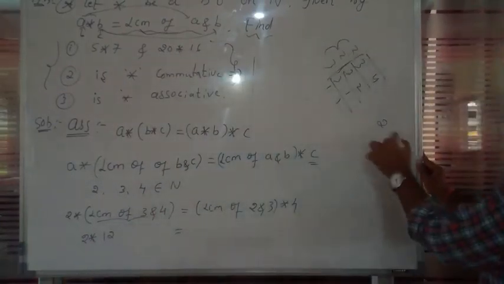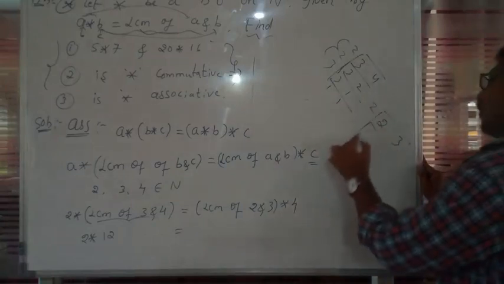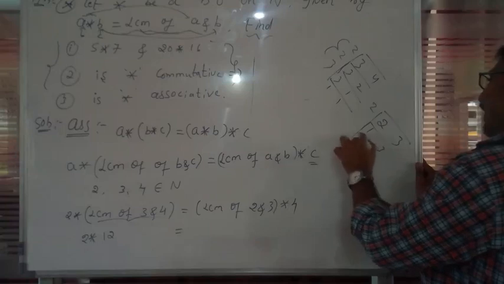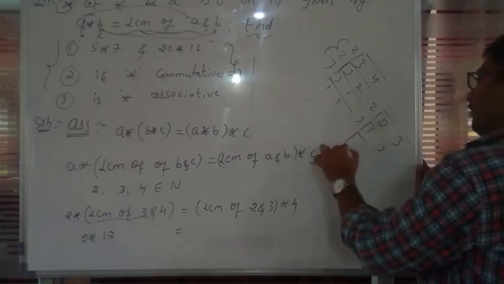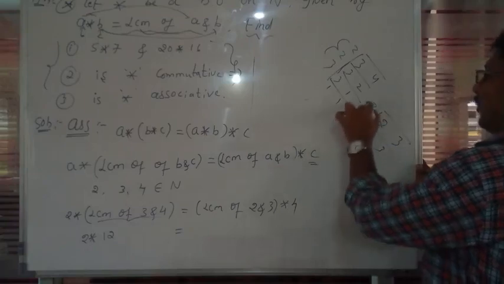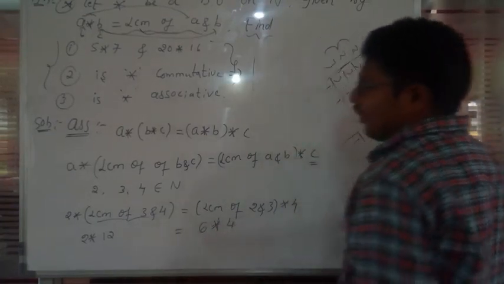Take 2 as the first element, and 3 as it is, keep that, and here take only 3. So 2 into 3 is 6, star 4.